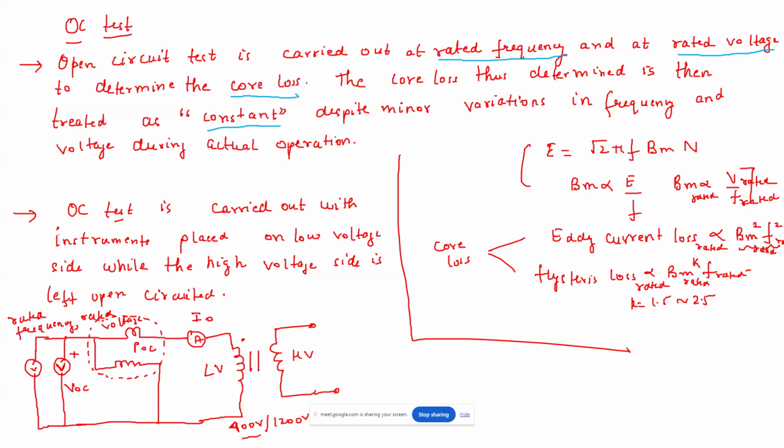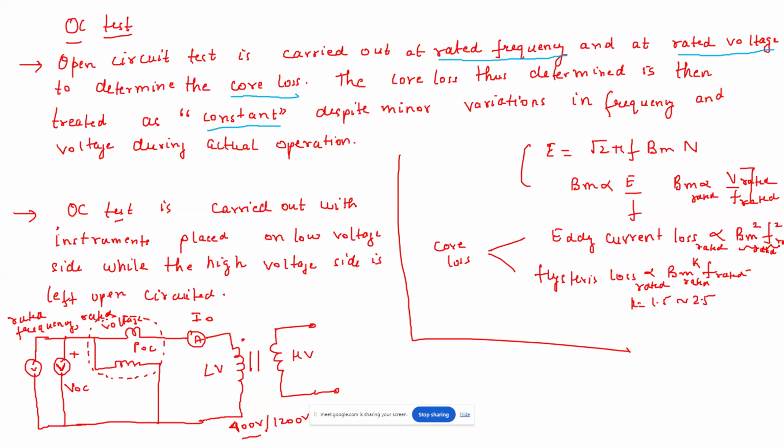So you can easily give a 400-volt supply to the low voltage side. A 1200-volt supply is not available. So this is a logical explanation of why we generally do it on the low voltage side. Also, it is safer to operate, right? Giving 1200 volt is a bit more dangerous than giving a 400-volt supply.